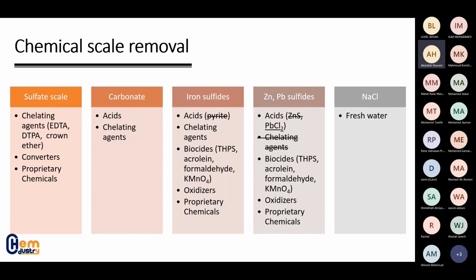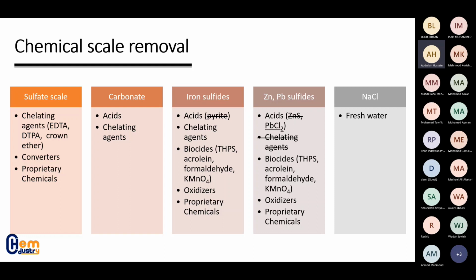But there are some little problems here. As with iron sulfide, the acid will produce H2S, a dangerous material, and in some cases it will not dissolve the zinc sulfide. A third problem is that you might dissolve the lead sulfide, but you have a possibility of forming lead chloride, and this is big trouble for your system.